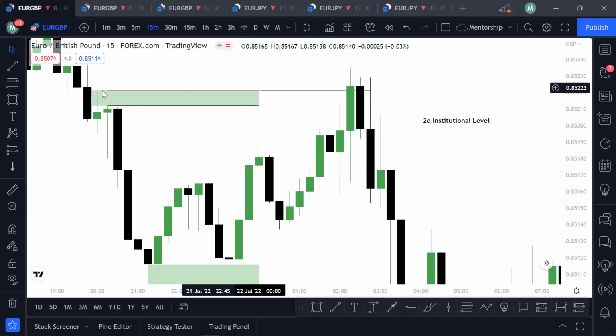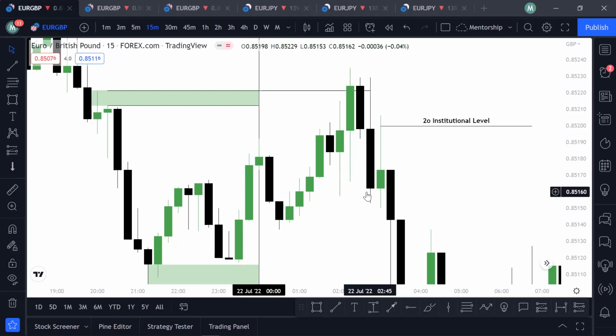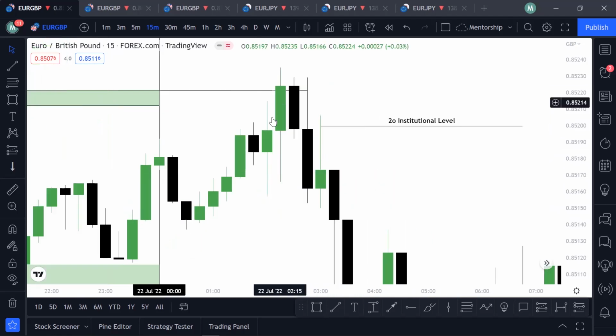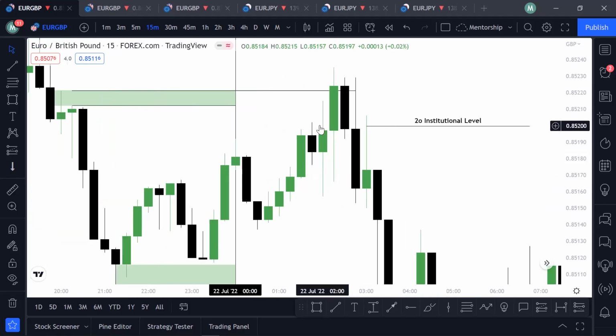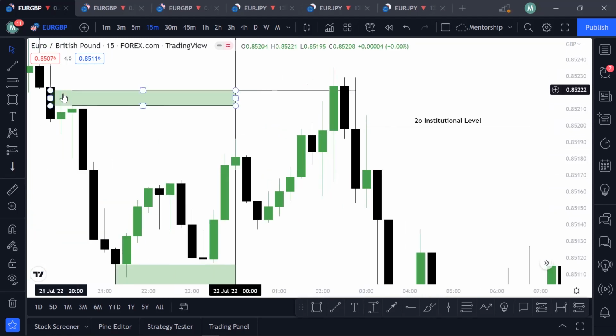Then after that, it takes this high, then drops. Remember, the concepts say we want to see price trade below the institutional level. Our entries are on the institutional levels. So if price comes here, consolidates around, comes to take these people out, then it drops. You are not chasing price.